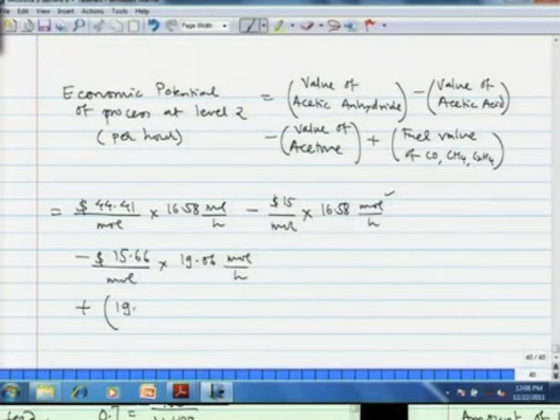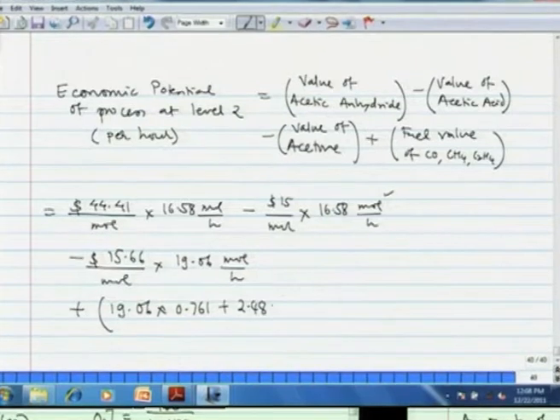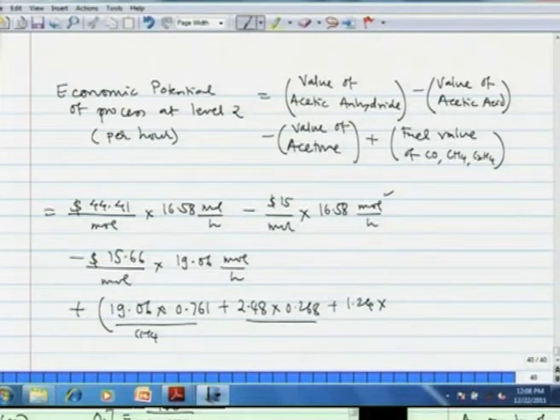the heat that we are going to recover through carbon monoxide, ethylene and methane. This is for methane, this is for carbon monoxide and this is for ethylene.